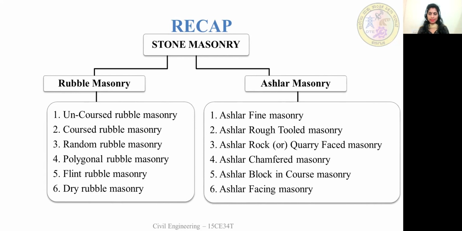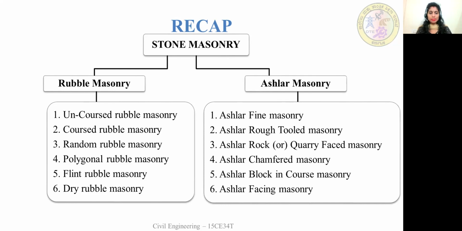Ashlar masonry is divided into the following types: ashlar fine masonry, ashlar rough tooled masonry, ashlar rock or quarry faced masonry, ashlar chamfered masonry, ashlar block in course masonry, and finally ashlar facing masonry. These are the categories of stone masonry.